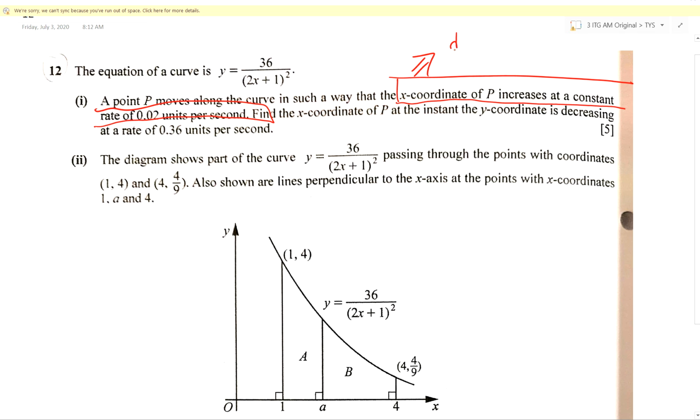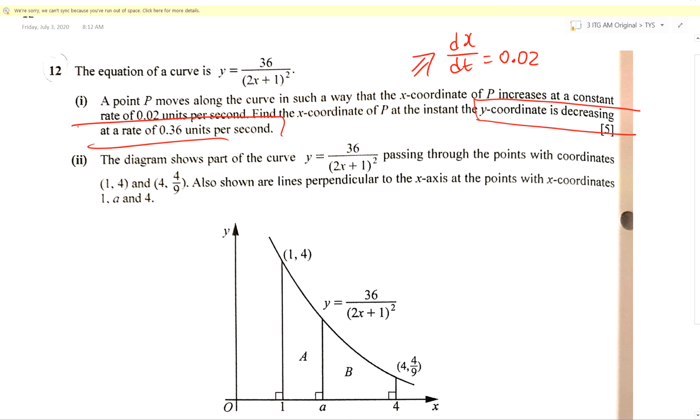This means that dx over dt equals 0.02. We need this. The next part is even more crucial. The y coordinate is decreasing at 0.36 units per second. This means that dy over dt is 0.36.